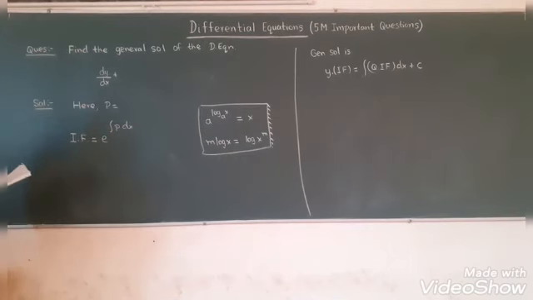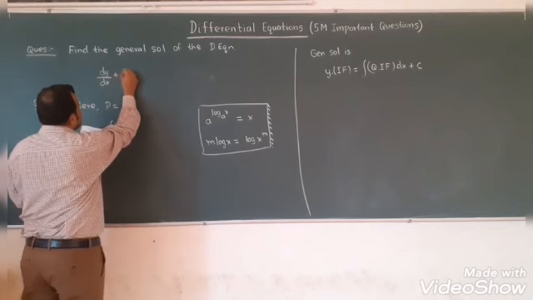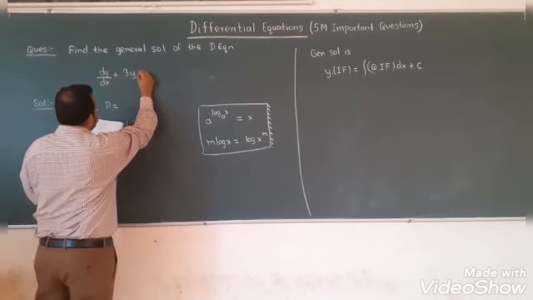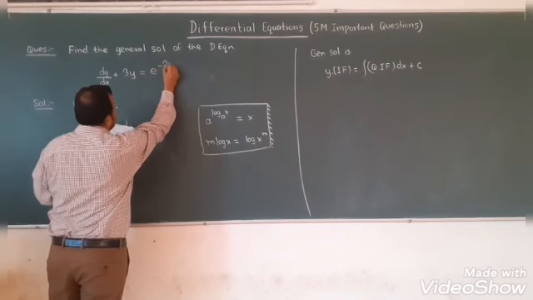The next question is, find the general solution of the differential equation dy by dx plus 3y is equal to e power minus 2x.